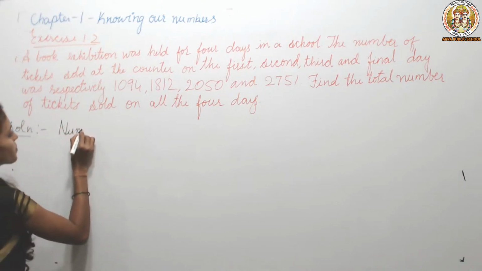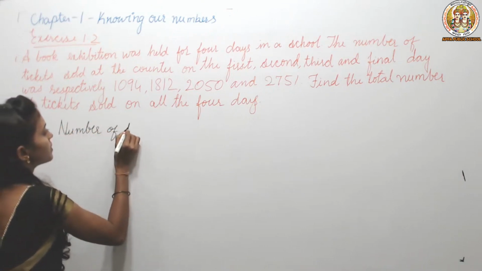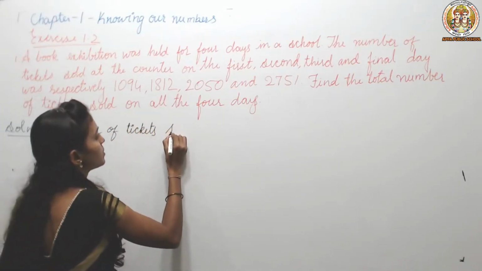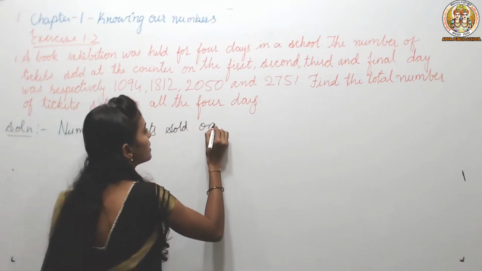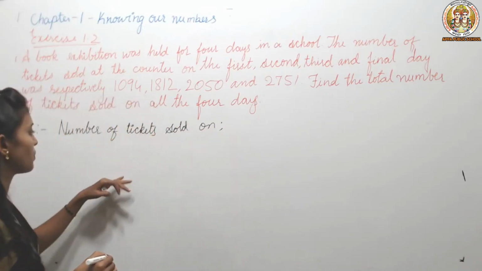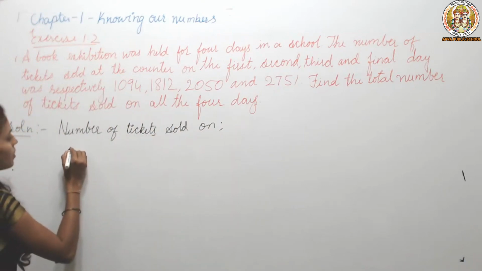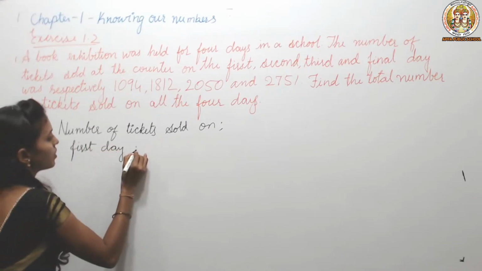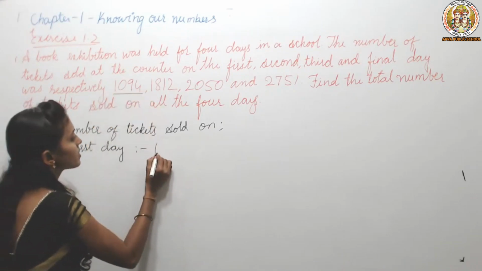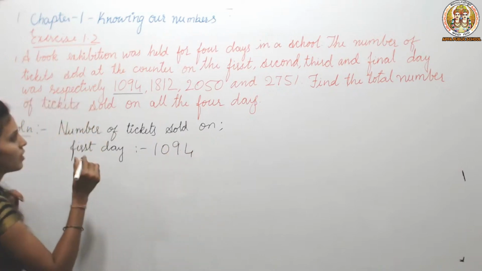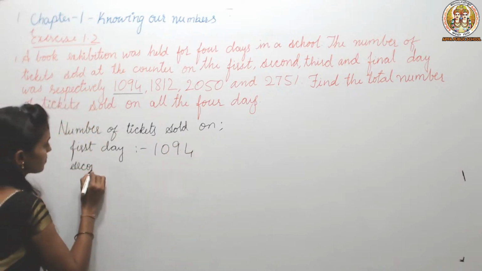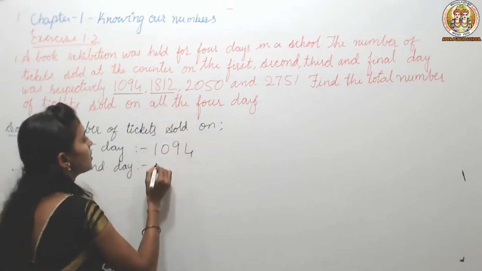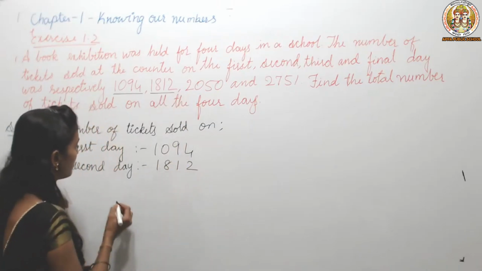Number of tickets sold on. This sentence is common for all these 4 lines that I'll write now. On the first day, how many? 1094. And on the second day, 1812.